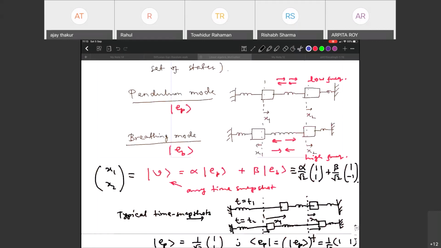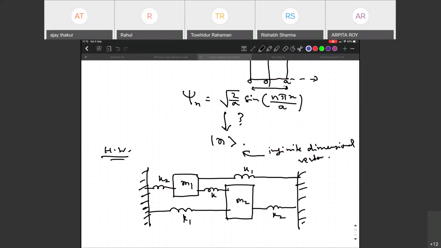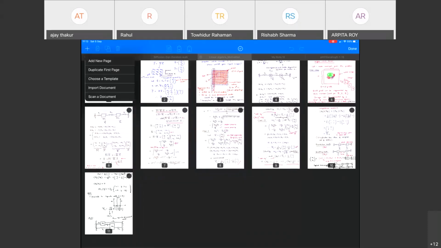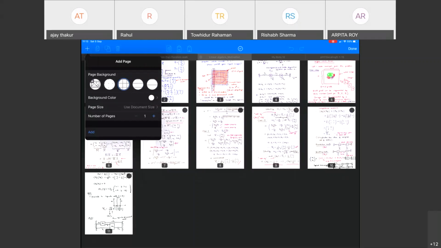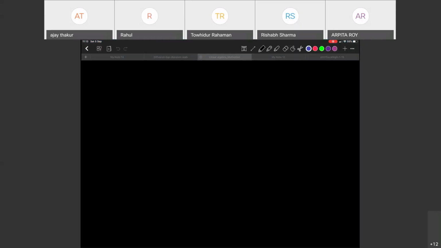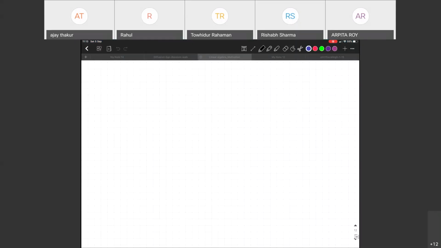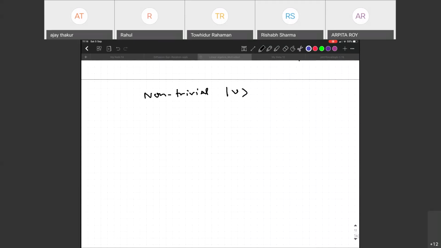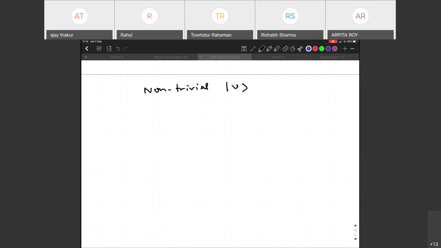So let me just add one more page to it. Non-trivial x. Right. So what we were talking about are non-trivial x, right?